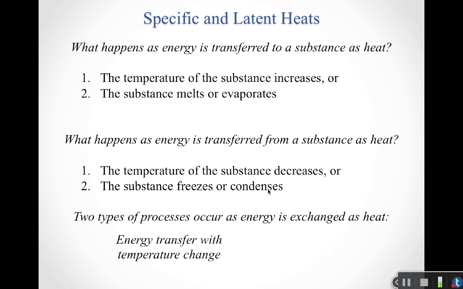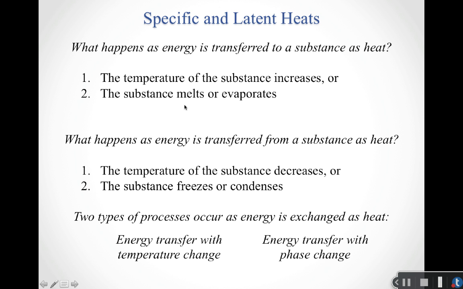So basically what you can see is that there are two types of processes that occur when energy is exchanged as heat. One is an energy transfer with a temperature change. That's the first one, right? The temperature increases or the temperature decreases depending on whether you're adding or subtracting energy. And the second one is an energy transfer with a phase change.